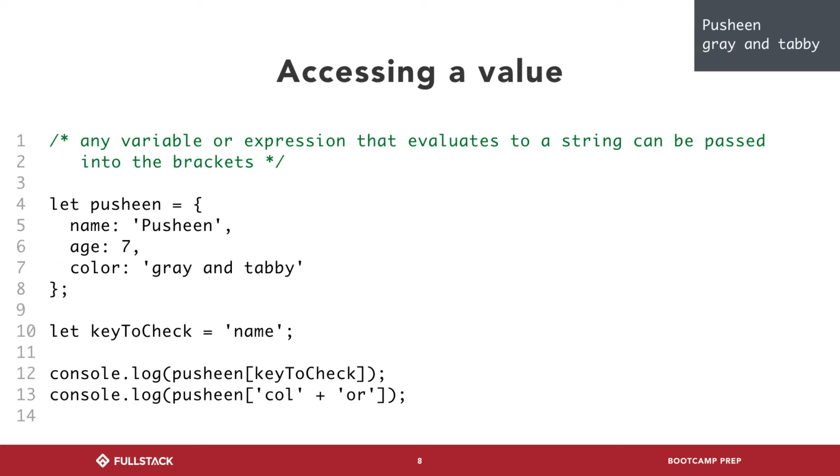I could easily have a for loop where instead of having COL plus OR, I do the string word plus the number of the index, right? So word 1, word 2, word 3. Maybe that was a bit of a contrived example, but in this case, we're adding 2 strings, which seems kind of silly. But if one of these was a variable, and we're trying to access a whole list of keys, that's very possible.